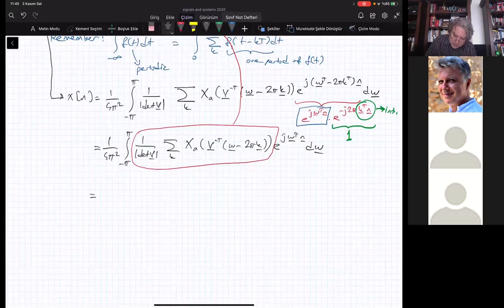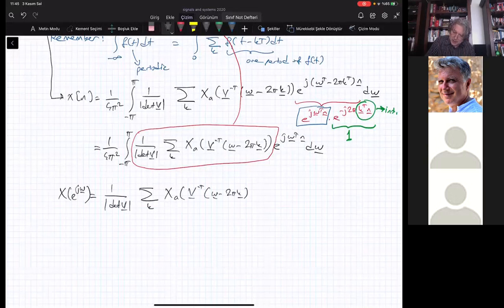I'm saying X of e to the j omega is equal to 1 over determinant of V times the summation over k of X_a of V inverse transpose times omega minus 2 pi k.